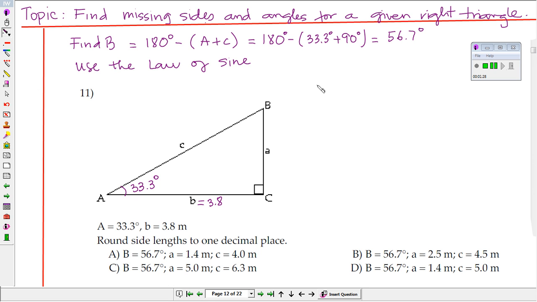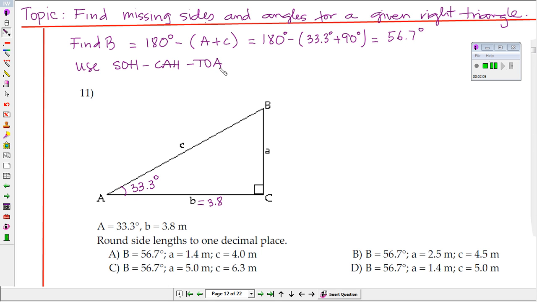I just use the law of sines, but if you don't want to, you can use the shortcut. So what does the shortcut mean? These are the three basic trig ratios we can use for a right triangle: sine, cosine, and tangent.